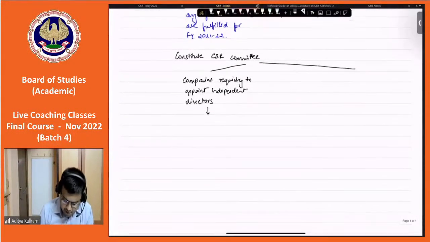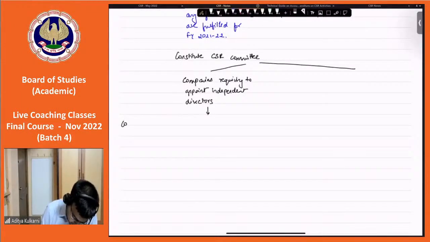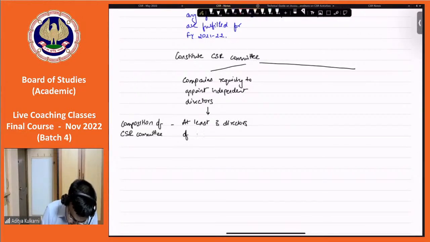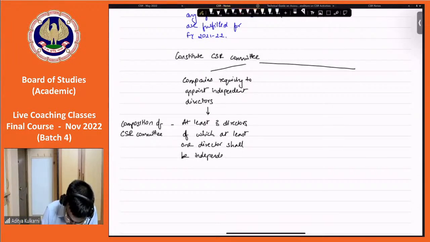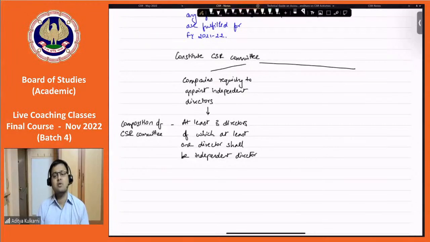So for those companies, the composition of CSR committee is at least 3 directors, of which at least 1 director shall be an independent director. So for companies which are required to appoint independent directors, you will have at least 3 directors on the CSR committee. Out of those directors, at least 1 of them shall be an independent director.